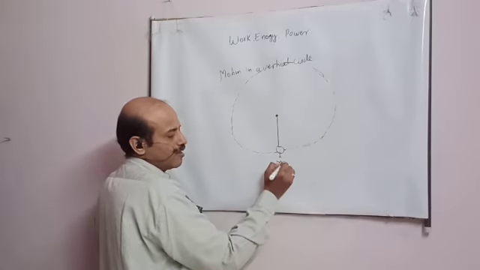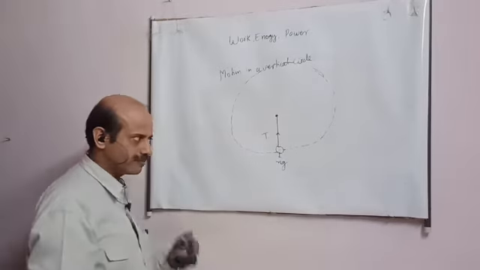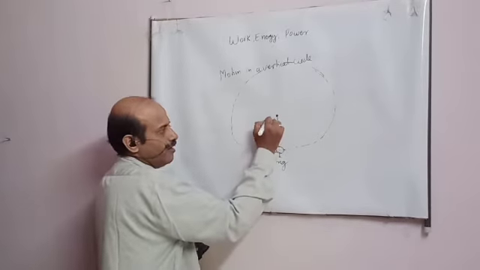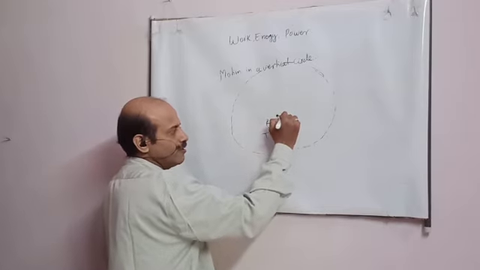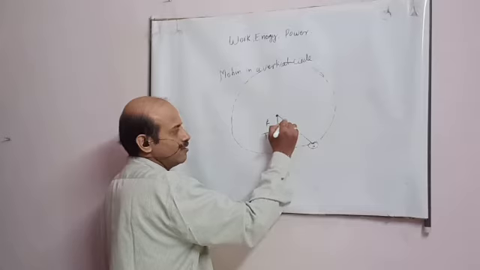This is a ball of mass m with tension acting, in a circle of radius r. Now at any time, suppose the position is here. This is angle theta, student.